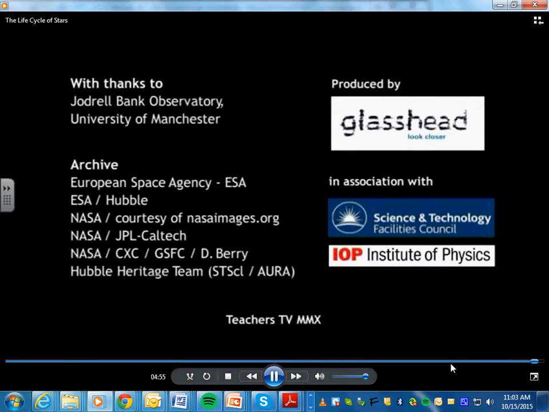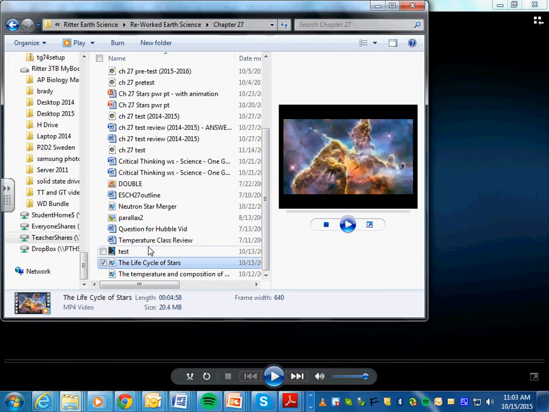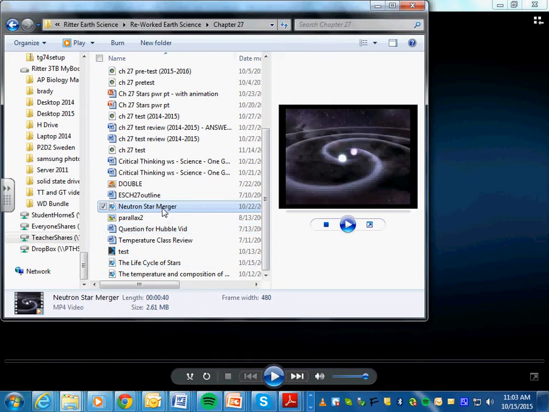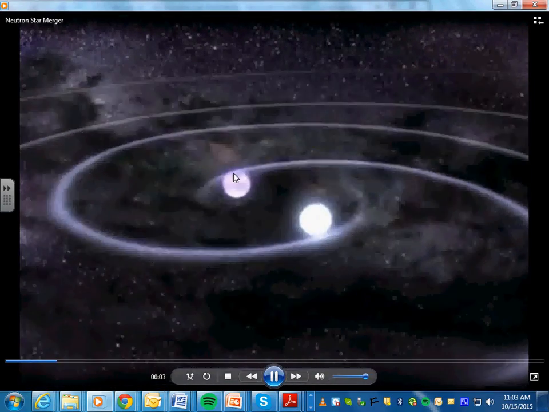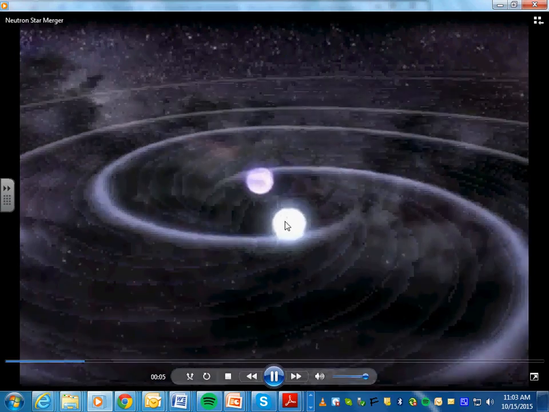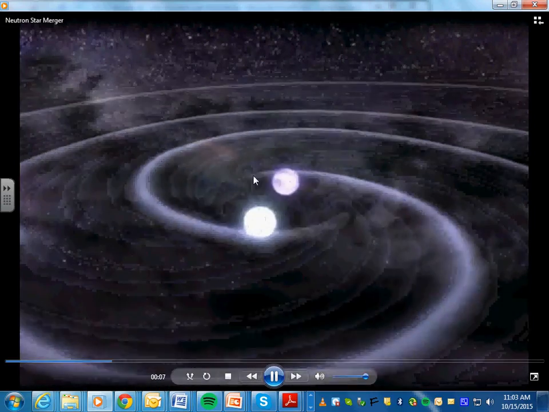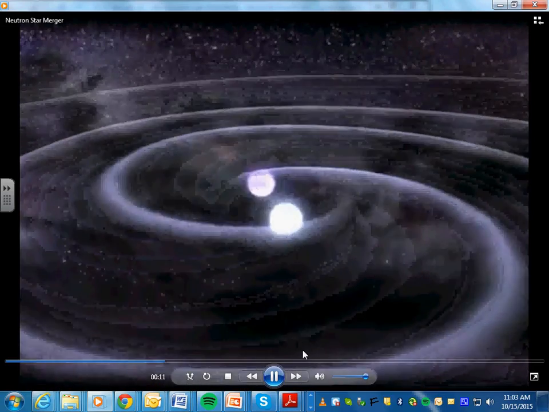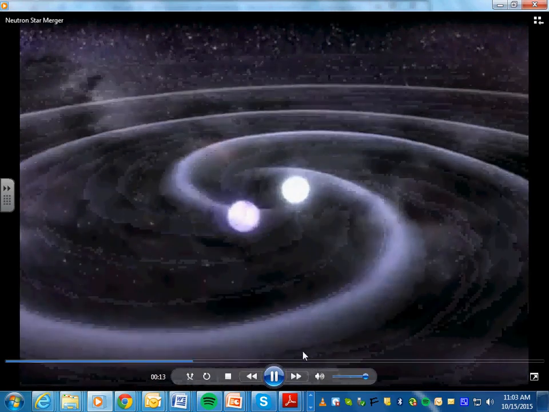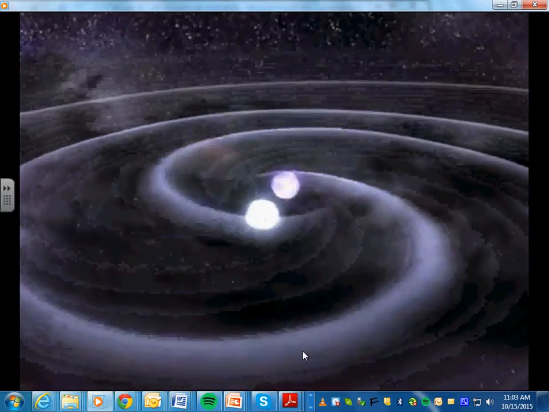Okay, so the next thing I want to show you is a double star. And so basically what's happening here is the gravity of these two stars have onto each other, and so they're rotating on themselves, but they're also pulling each other, and they could pull themselves in and eventually collide.